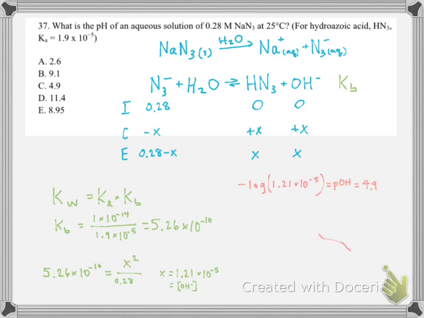But don't circle anything yet, because it wants us to report pH. So pH is going to be 14 minus the pOH. And that's going to be 9.1. Okay, so be careful with what K's they give you.